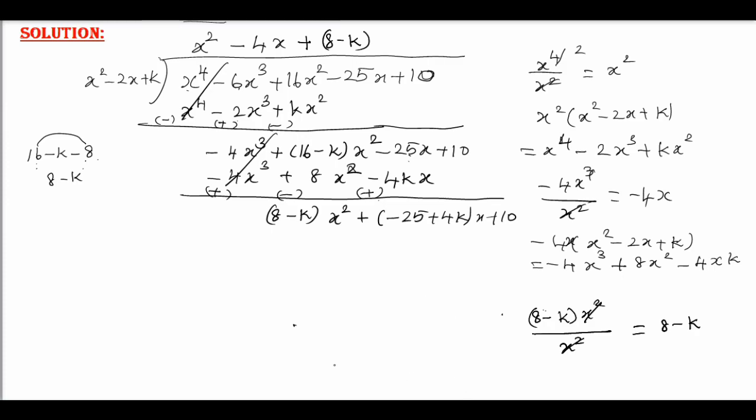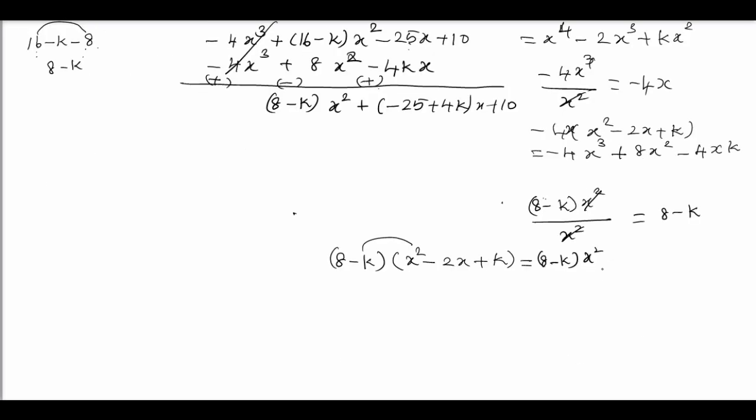So when I multiply this 8 minus k into the divisor, x square minus 2x plus k, I get the terms to be, the first term is 8 minus k into x square. So this is where you should be a bit cautious.